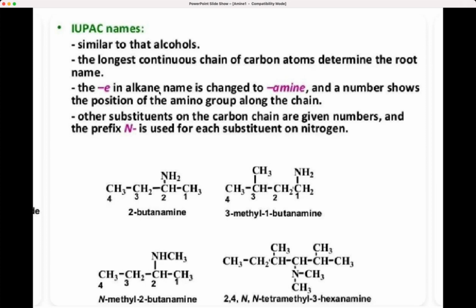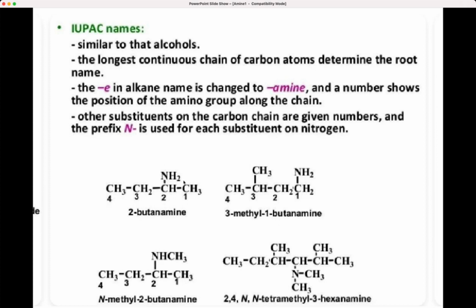The e of the alkane name is changed to amine, and the number shows the position of the amino group along the chain. The other substituents on the carbon chain are given numbers, and then the prefix N is used for each substituent on nitrogen. See, look here. This is the longest chain, and here 4 carbon atoms are there. So this is butane.